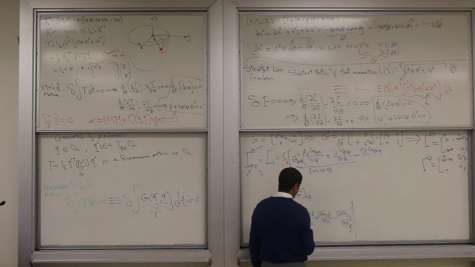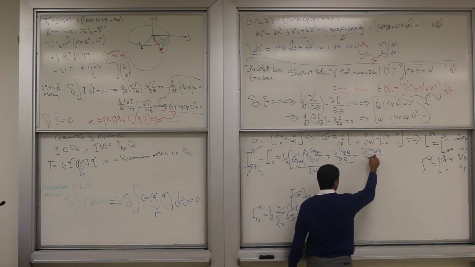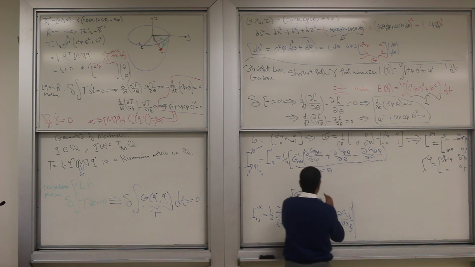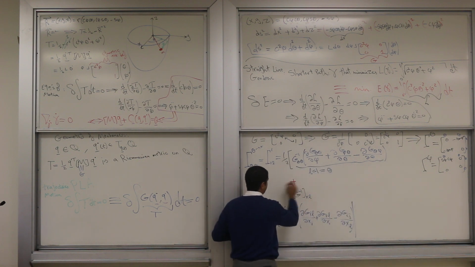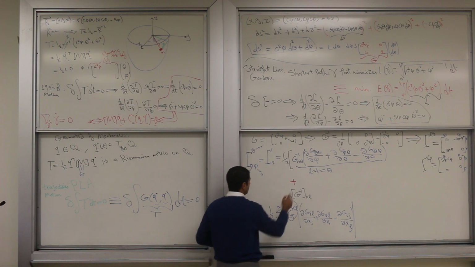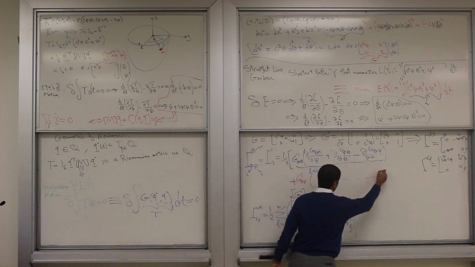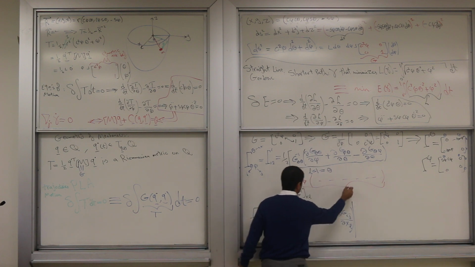Partial XL, so partial theta. So this is all for the first element. So you're going to do plus for the second element. Now L is 2. So G inverse, the same K, but L is 2, phi. This is for the second element. L is 2.